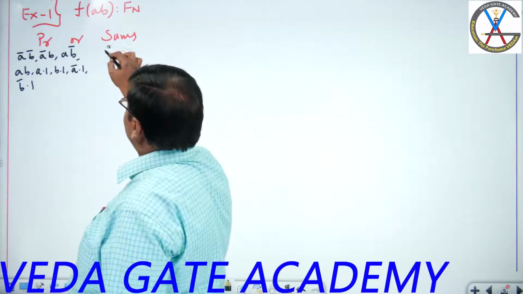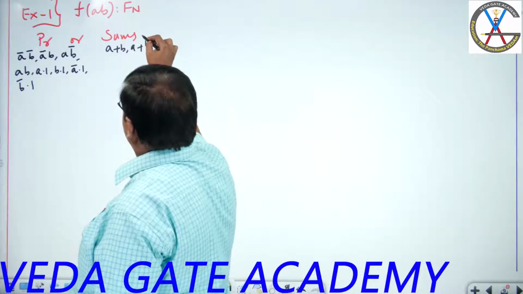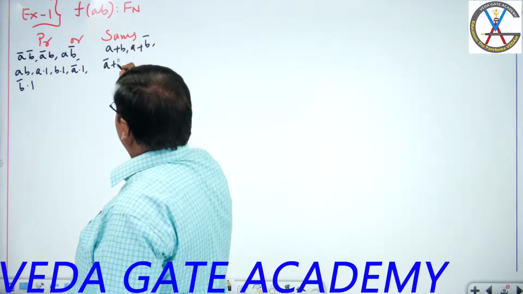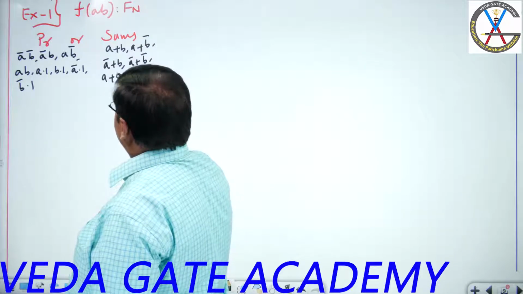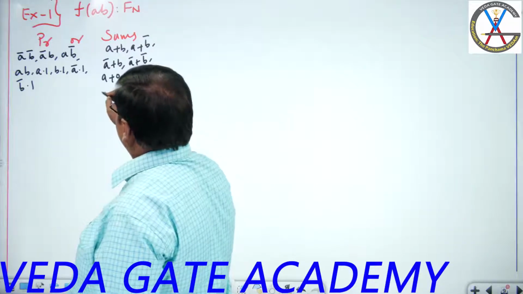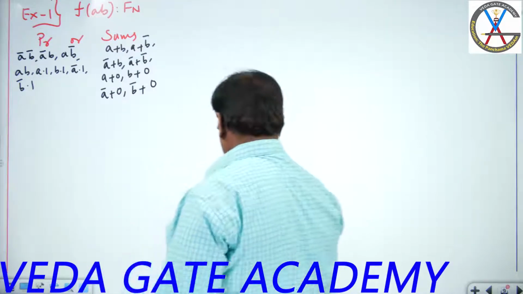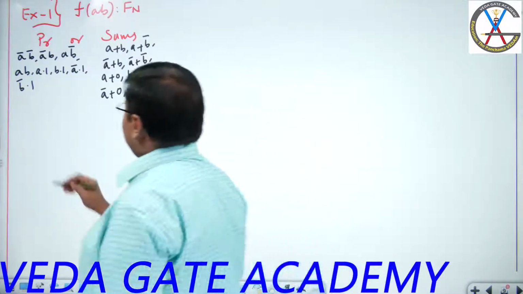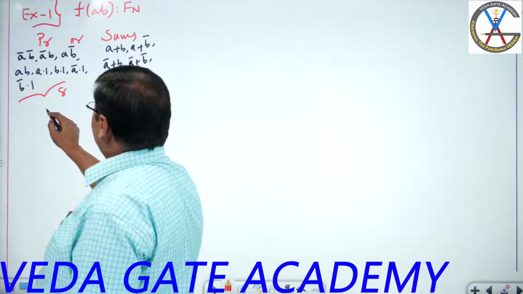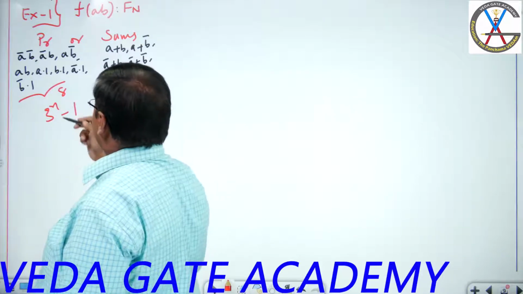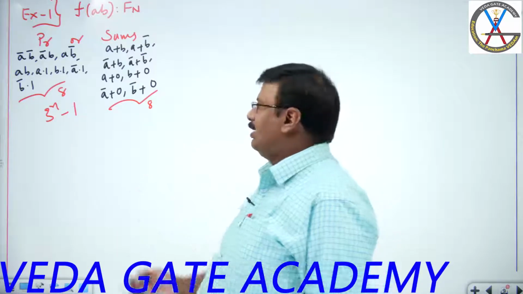Sums: A plus B, A plus B bar, A bar plus B, A bar plus B bar, A plus 0, B plus 0, A bar plus 0, B bar plus 0. How many are there? 8 products and also 8 sums. Formula 3 power n minus 1, so for n equal to 2 variables, 3 squared minus 1 is 8.